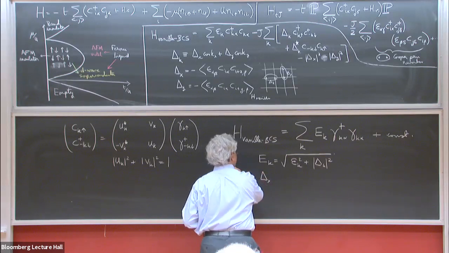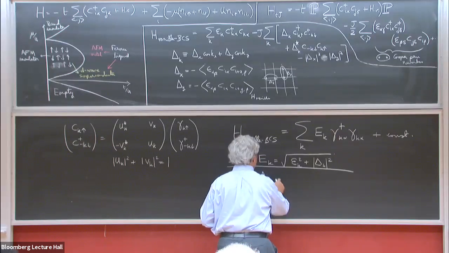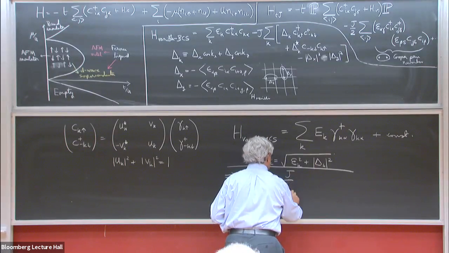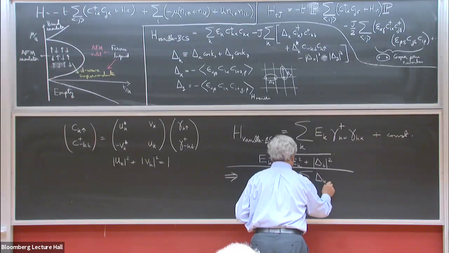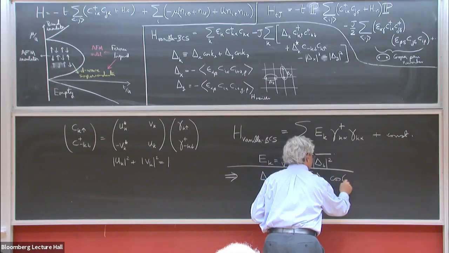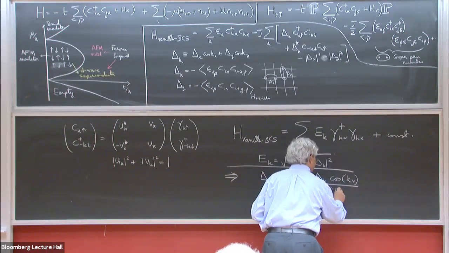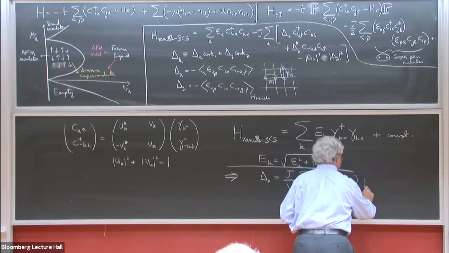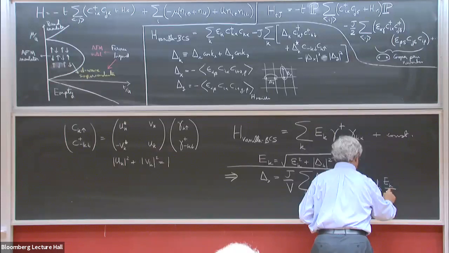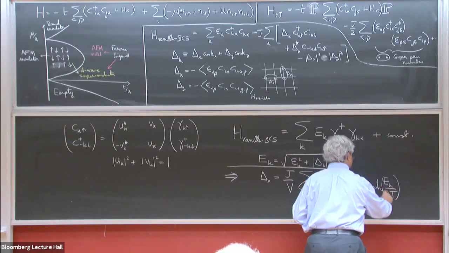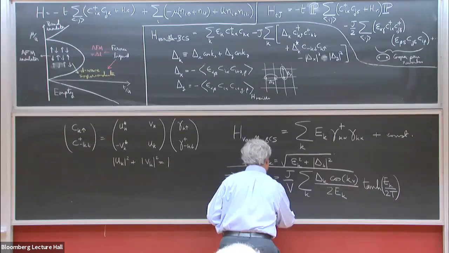So all of this yields: cosine k_x, over 2E_k, tanh. You can do this at finite temperature also, and similarly for delta_y.